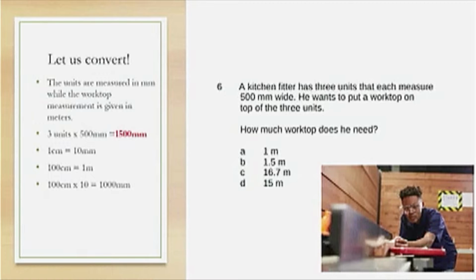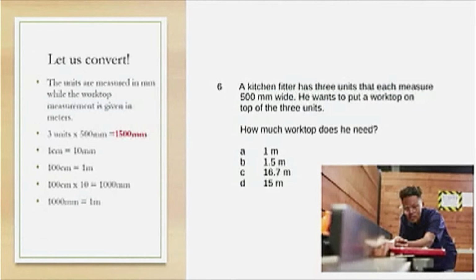Therefore, if we multiply the 100 centimeters by 10, because remember, for every 1 centimeter you have 10 millimeters, 100 multiplied by 10 will give us how many millimeters make up that same 100 centimeters, which is also 1 meter. So we're talking about 1,000 millimeters being equivalent to 1 meter.